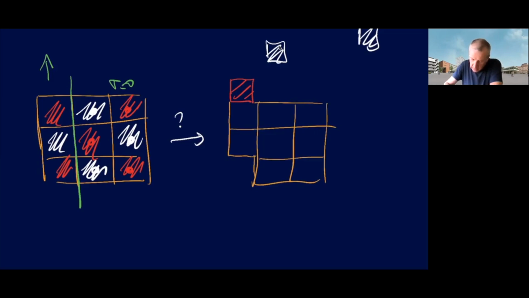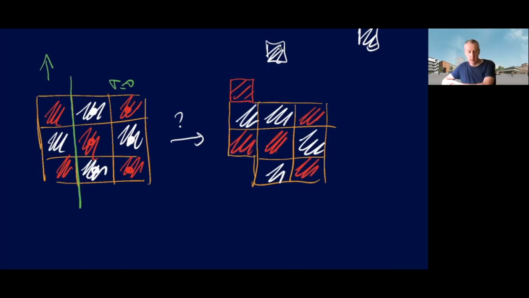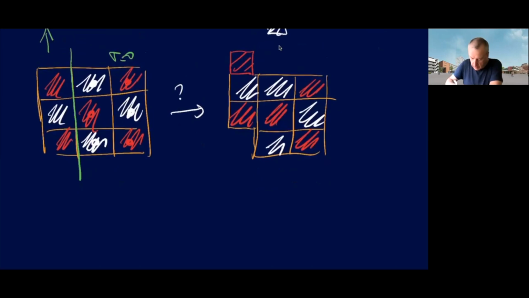And then I can reproduce the pattern, right? And this one will be white and then white and then white. And then this one will be red and red and red. And here it will be red again. And here it will be white. Okay, do you agree that this is the pattern I get? Okay, so now what I do in the second step, so this is step 1.